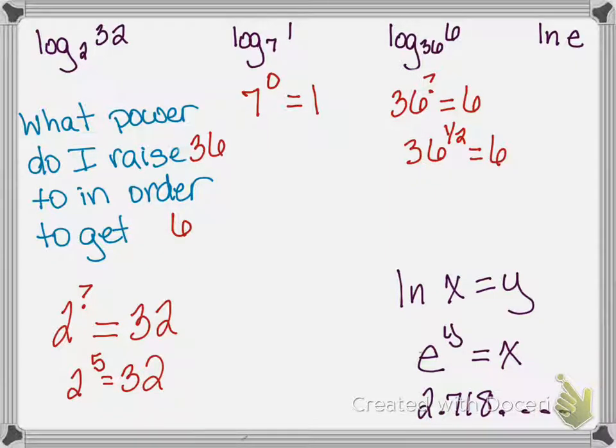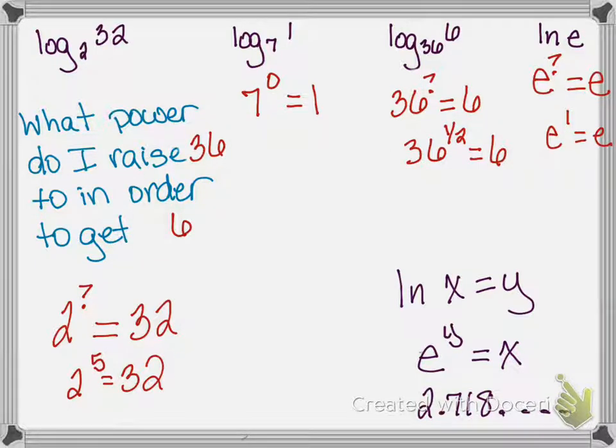I said, why are you typing that in? That's an ln, natural log. What's the base in all natural logs? e. So e to what power is going to give me e? 1. So e to the first power gives me e.